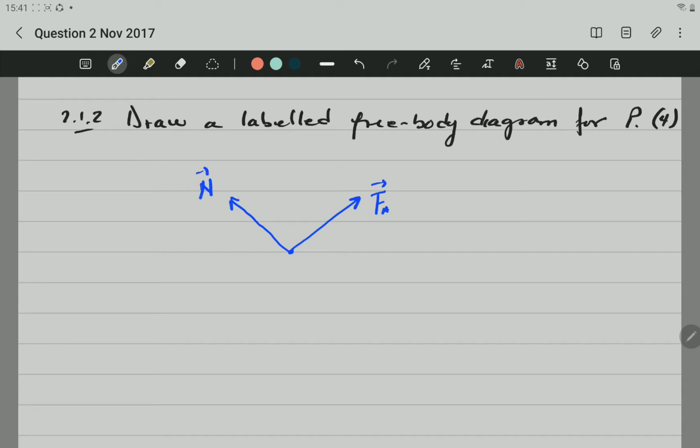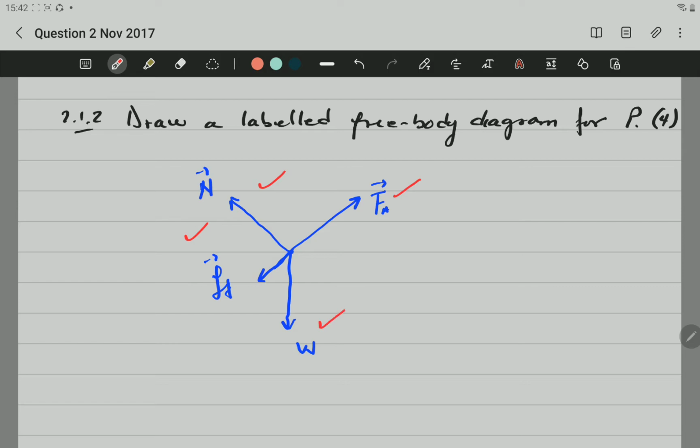Pointing straight down, you will have the gravitational force or weight of the block. In the opposite direction of motion, the block is moving up, you will have the frictional force. These are the 4 forces acting on that specific block P. You will get 1 mark per force.